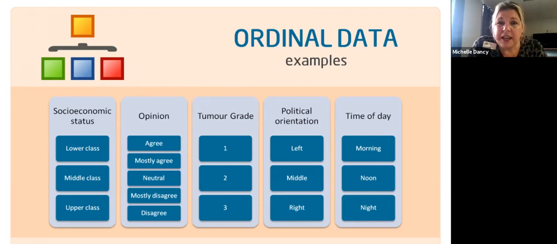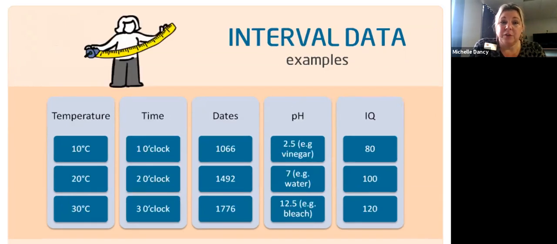We know that's a ranking, but you can't say if 2 people choose agree and other 2 people choose disagree, that there is an exact amount of disagreement that caused them to choose that ranking. It's an opinion, okay? Political orientation, time of day, these would all be ordinal data.